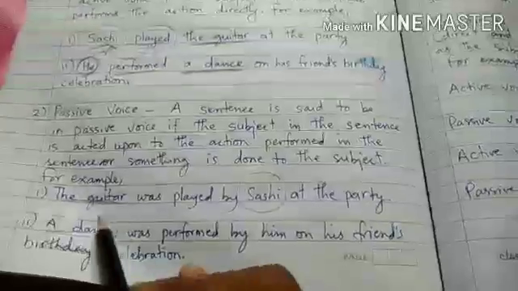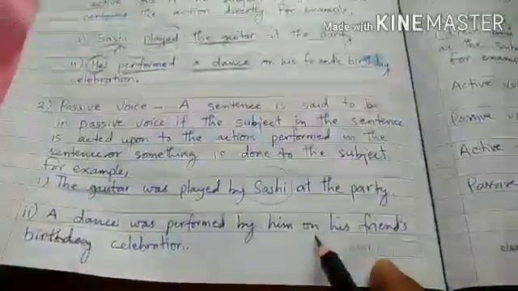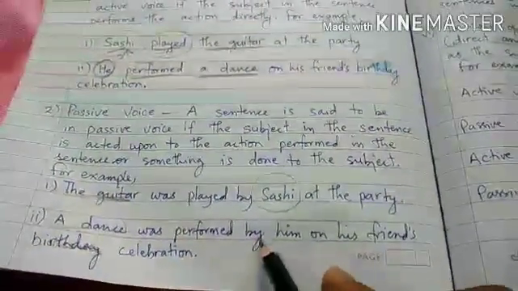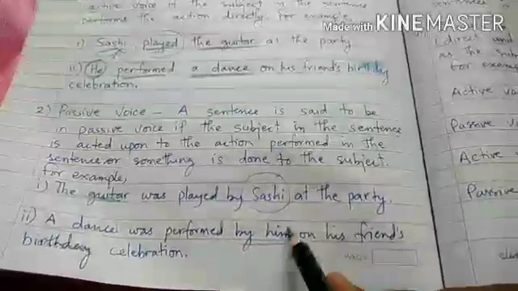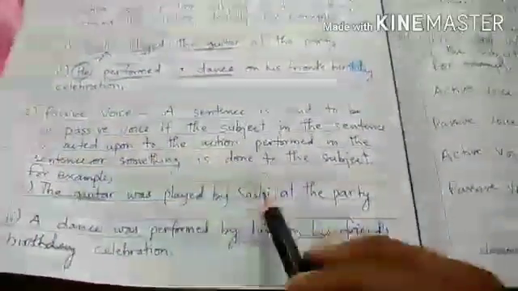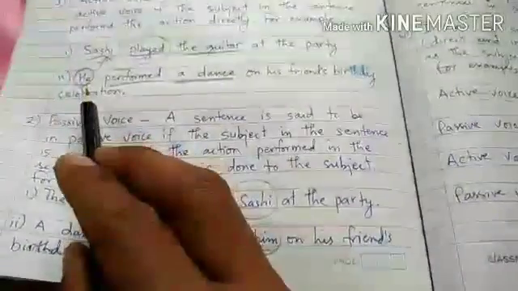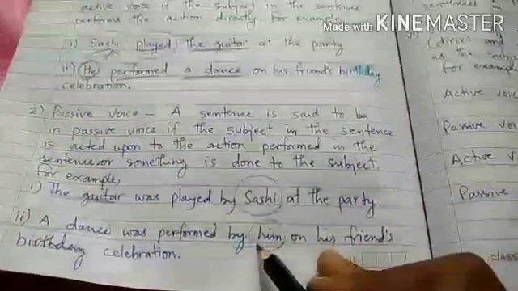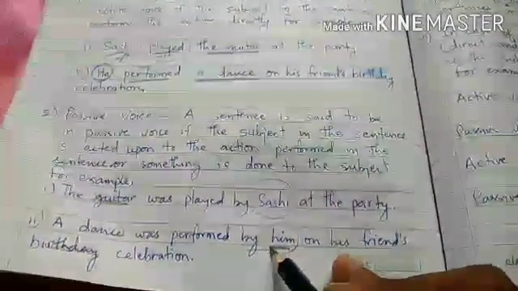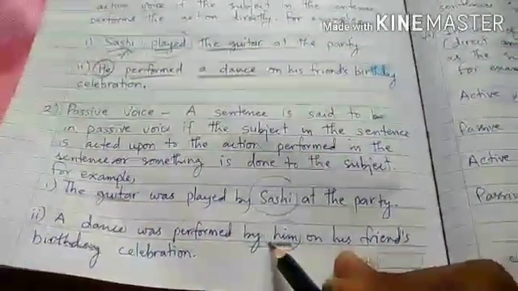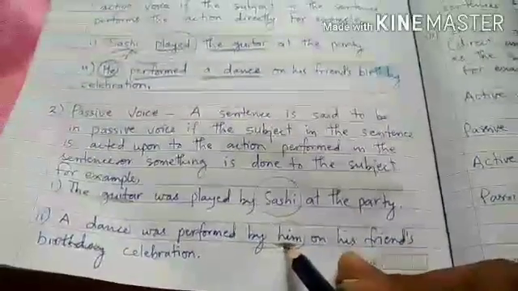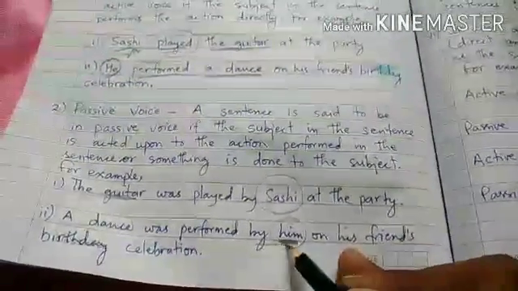So here a dance is the subject, but when you read this sentence, who is the performer of the dance? Here, him. So he is changed into him. He is the subject, but when it is changed into object, it will become him. Okay, like she becomes her, they becomes them, we becomes us. Like this.